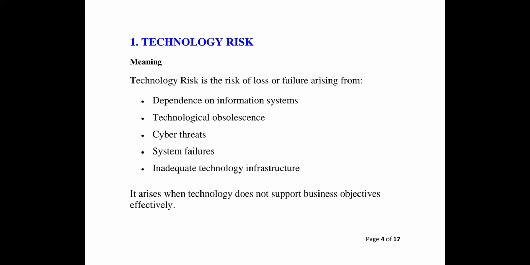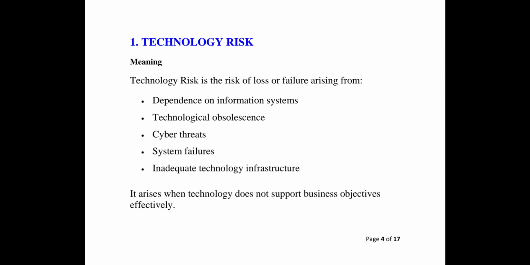A few aspects of technology risk and cyber risk. Scope: technology risk covers all IT-related risk, to systems, data, and infrastructure, and cyber risk specifically arises from cyber attacks, meaning from outside the organization.